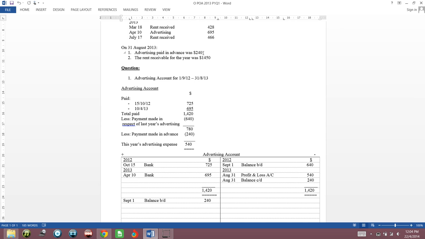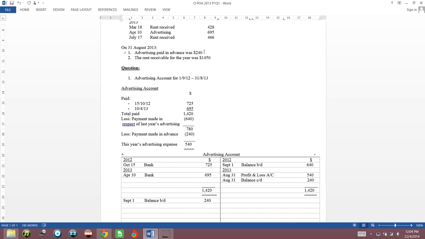So advertising paid in advance. If you pay the advertising in advance to Singapore Press Holdings, SPH, think: will I owe Singapore Press Holdings, or will Singapore Press Holdings owe me 240? If I paid 240 in advance, in other words, Singapore Press Holdings owes me 240 worth of advertising services.